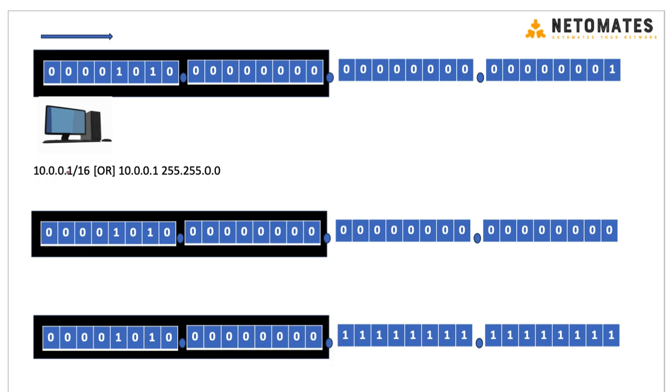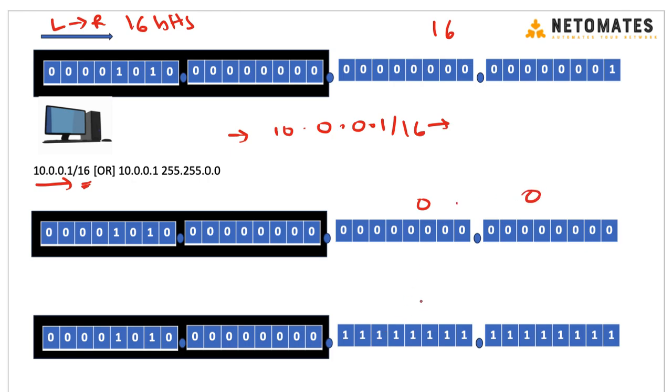Here we are taking the same IP, but a different subnet mask, /16. /16 means the first 16 bits from left to right should be exactly the same in any other IP addresses. The remaining 16 can be changed. So let's calculate this. 10.0.0.1/16 means the starting address we will get is 10.0.0.0 and the ending address is 10.0.255.255.